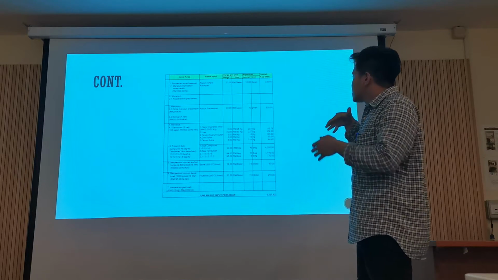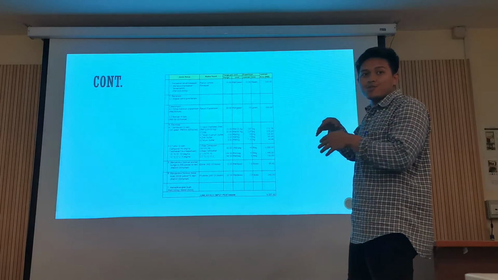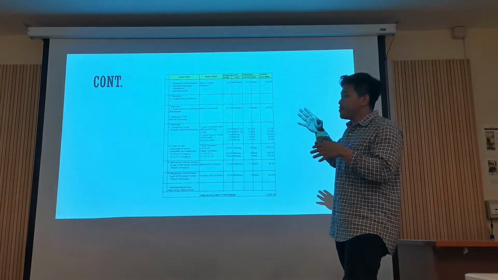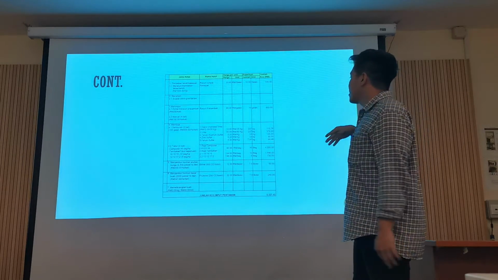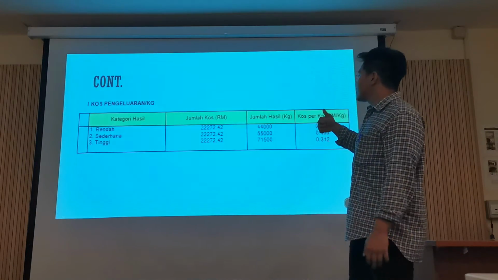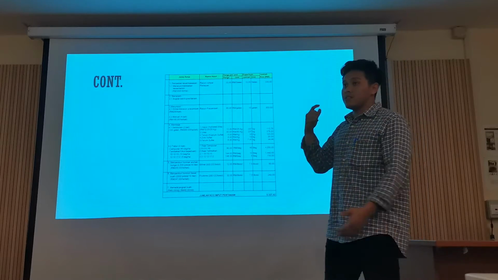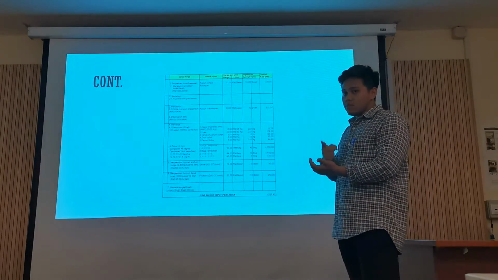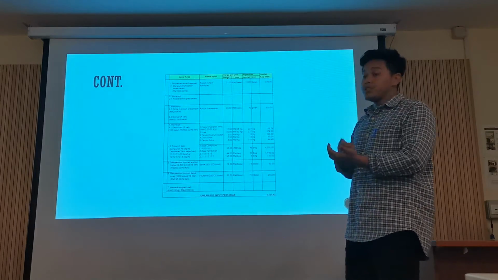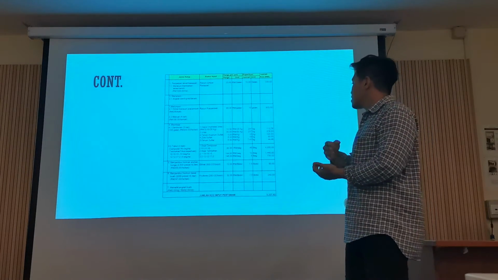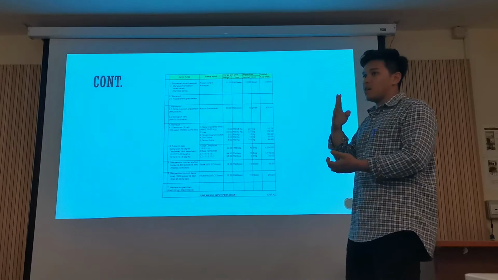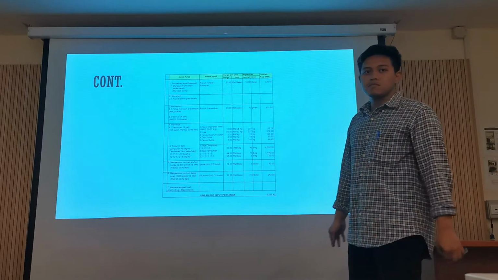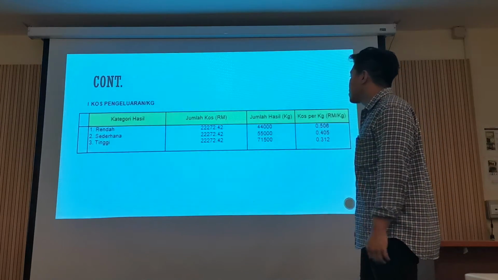Next is also a continuation of the calculation table, which includes land preparing, planting, weeding, fertilizing, and also the cost of labor.